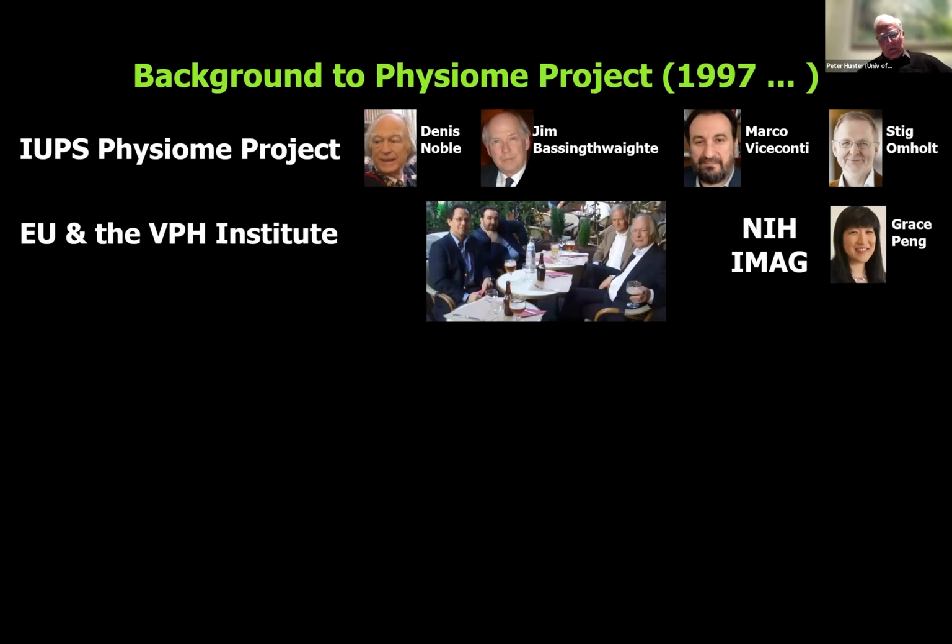That was around 1997, but it also kicked off later discussions in the US with the NIH IMAG program led by Grace Peng, and in the EU with Ilias Iakovidis, which was the beginning of Framework 6 and then 7, leading now to the Horizon Europe investment in virtual humans.